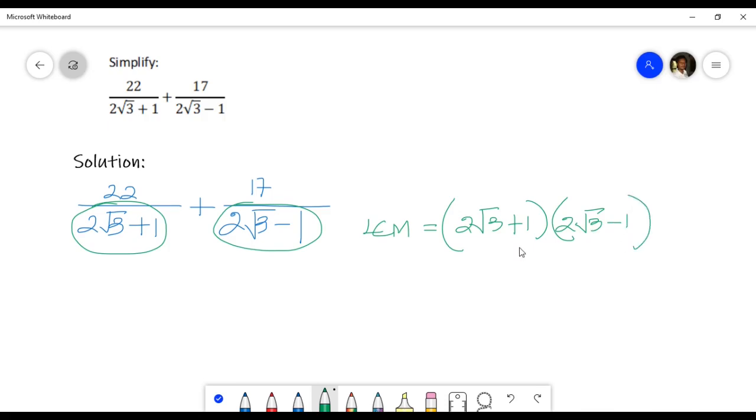Right, so this is the LCM of the denominators, and we'll be using this to solve the expression. We'll write down the LCM.